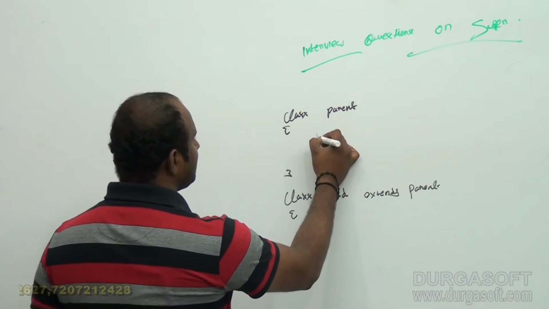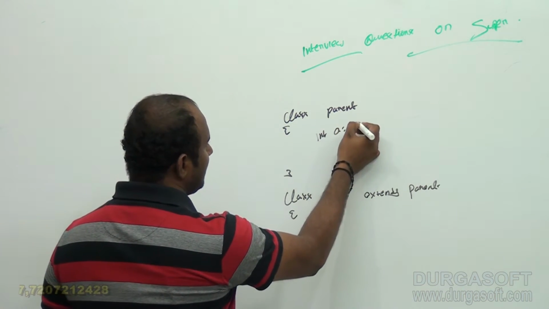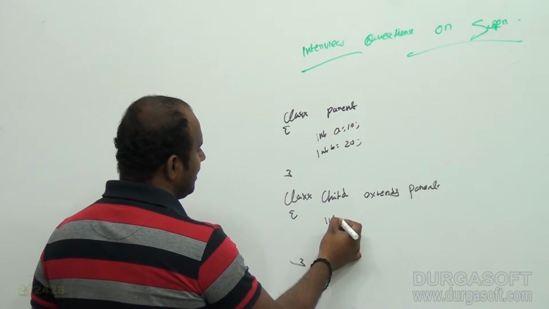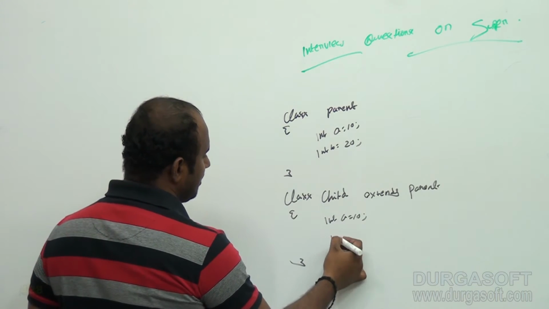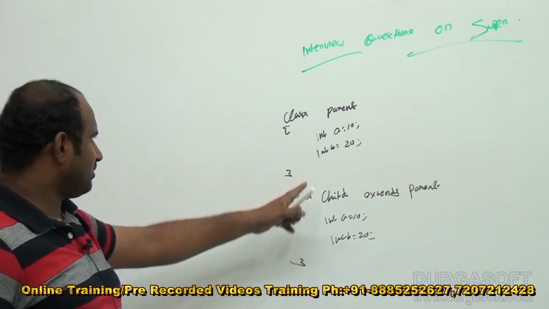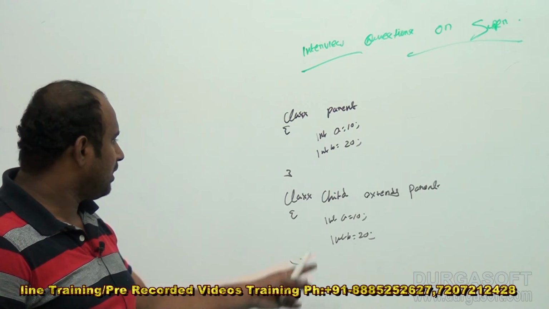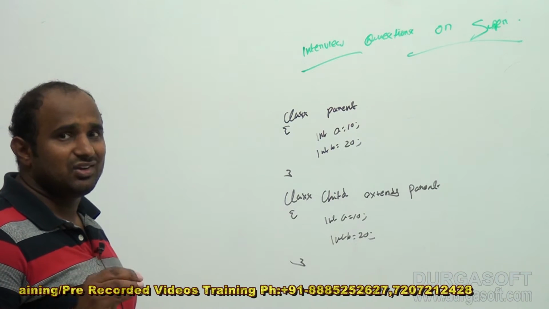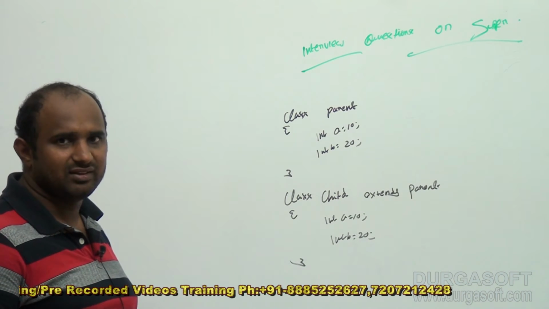For example, here I have int a = 10, int b = 20, and in the child also I have int a = 10, int b = 20. The parent and child class both have the same variable names.